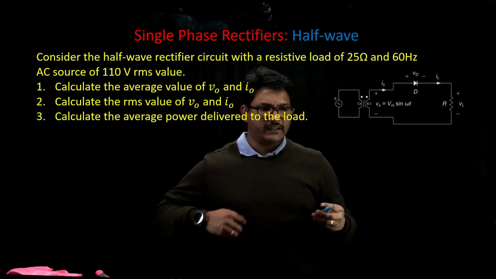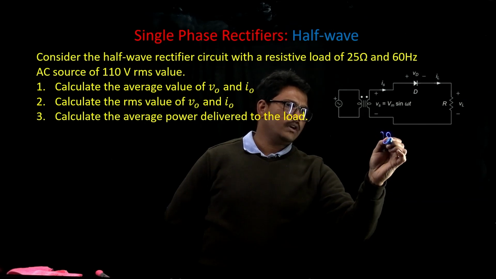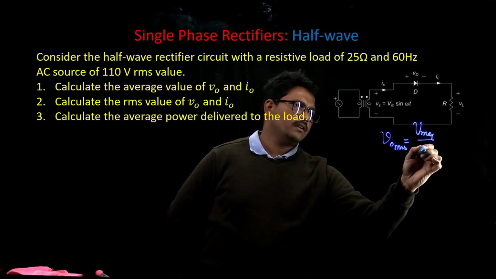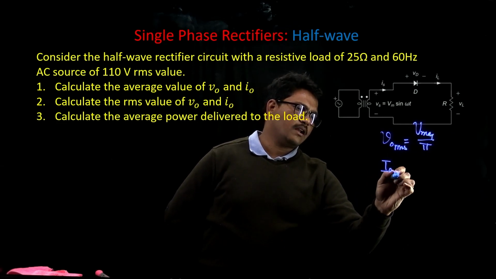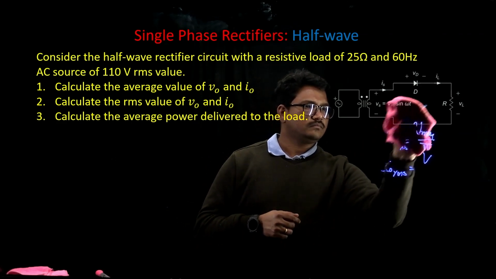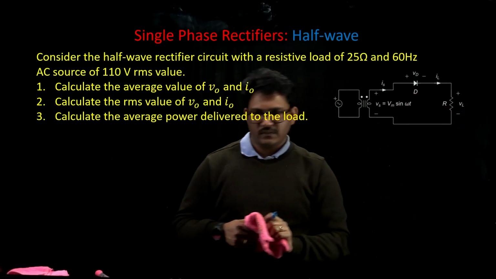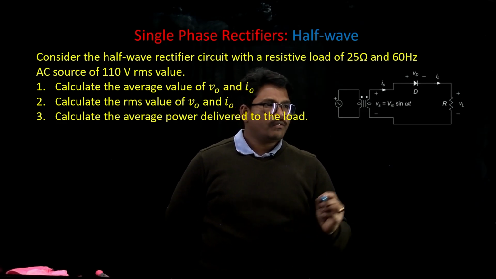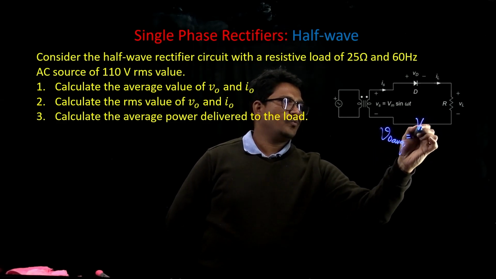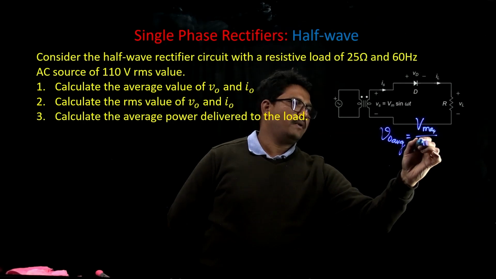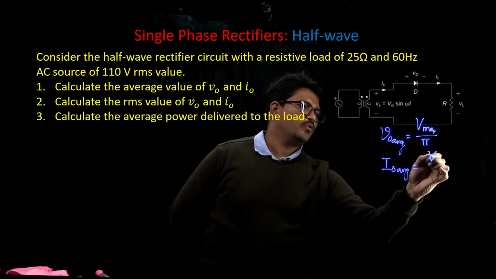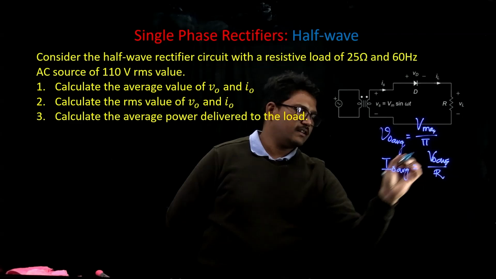We've already seen that the output voltage average value is V max upon pi, and the output current average value is V naught average divided by the resistance value.